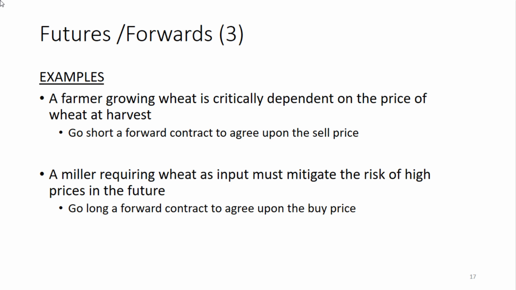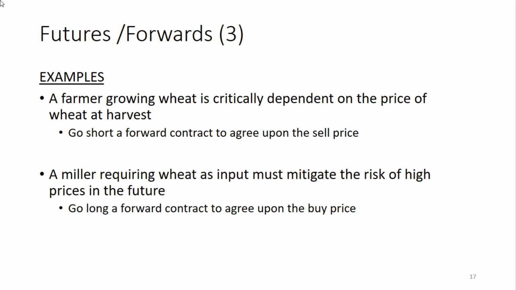It says, I'm very good in working with wheat, so I have an excellent process to transform this wheat into products that then afterwards will go to other parties. But there is a risk that the price of the wheat that I need as input to my business process will rise in the future, and that would be very unfortunate to me.